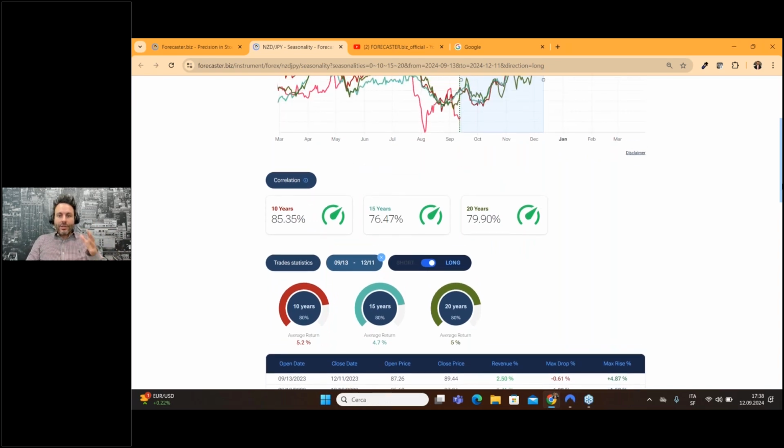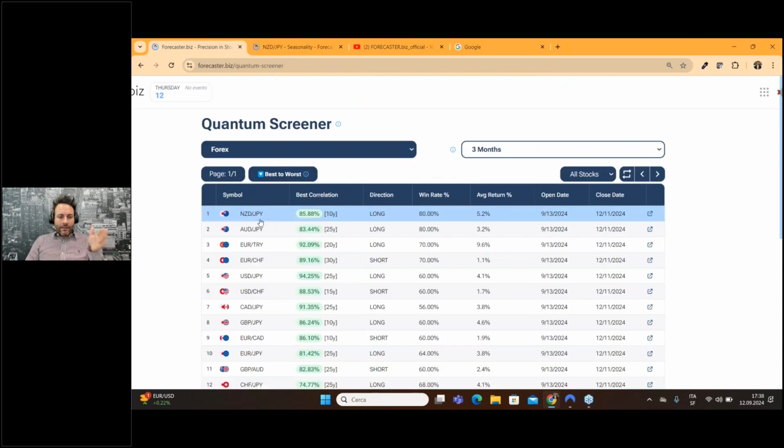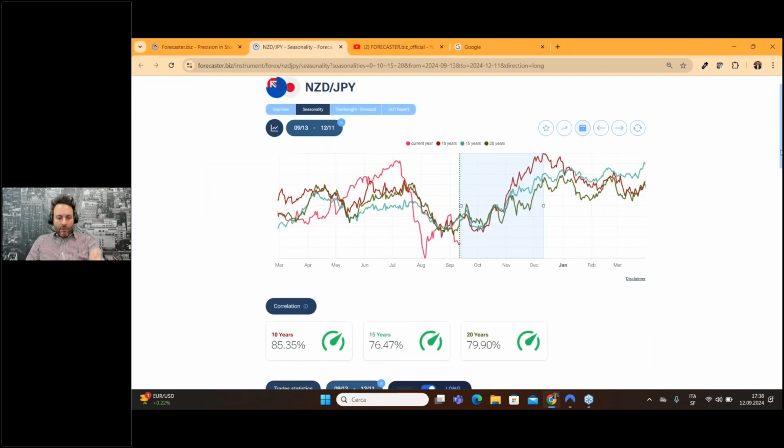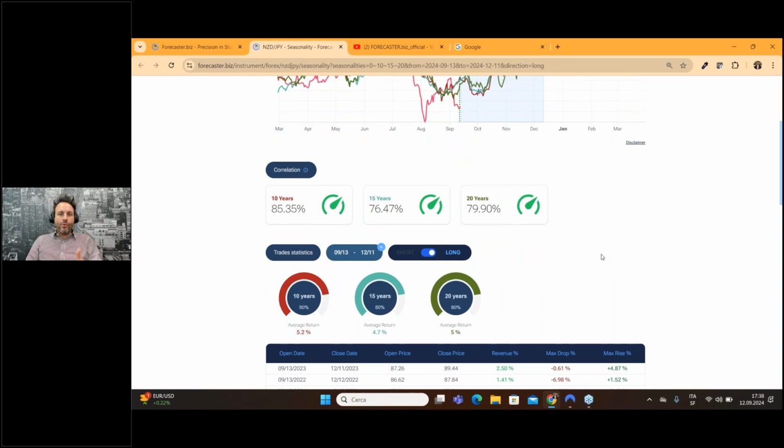So this is something I started to do. I get the opportunity as it is, like in this case on NZ, New Zealand dollar versus Japanese yen. I open the page and I plot other seasonalities in order to understand if this data is consistent. Do you understand what I'm talking about?